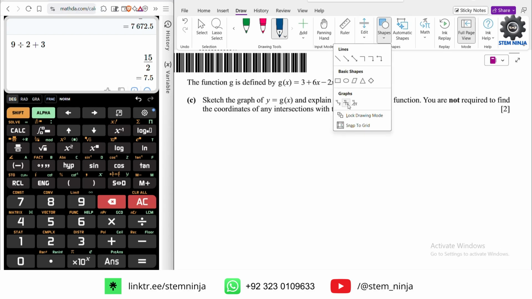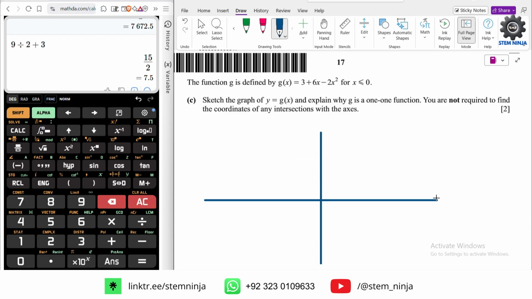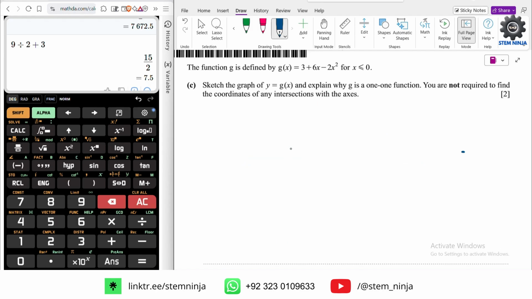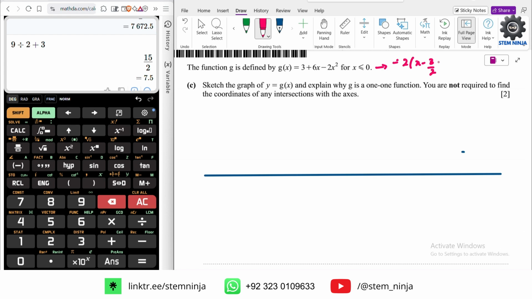Previously we had, let's first make the x-axis. Now the graph that we had before was minus 2 x minus 3 by 2 whole squared plus 15 over 2.